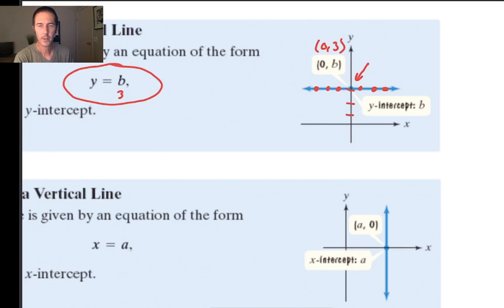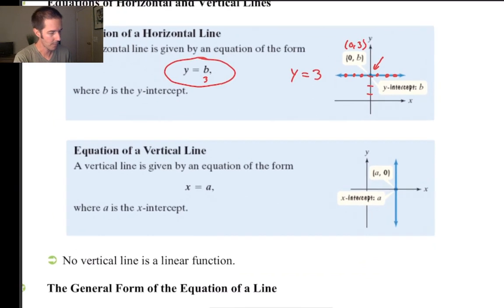So all of a sudden, the equation of this line being y equals 3 maybe makes a little bit more sense. A good way to describe that line. A vertical line, similar, but with a little bit of difference, is described using an equation x equals some number.